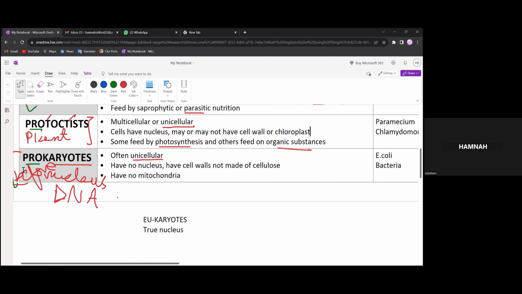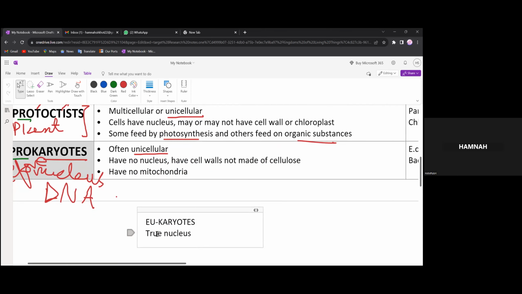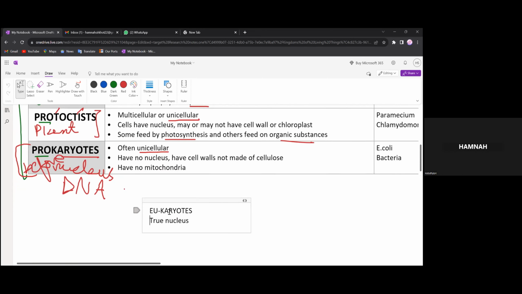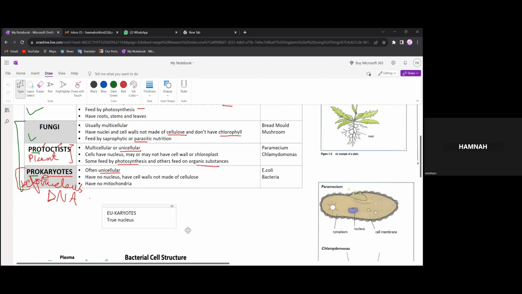Karyote means nucleus, and pro means before. So when they ask you to write characteristics of prokaryotes, you just write they have no nucleus, because pro means before and karyote is a nucleus. It's the opposite of a eukaryote, which means a true nucleus, right? Prokaryote means before nucleus. You have to remember that.